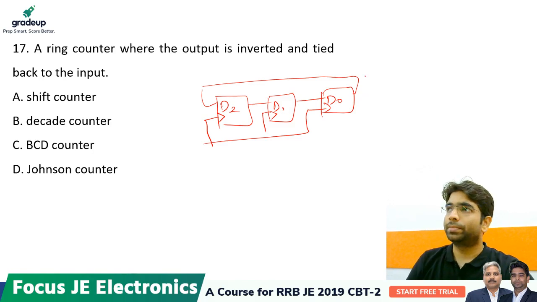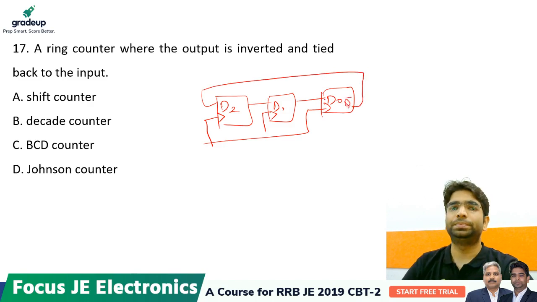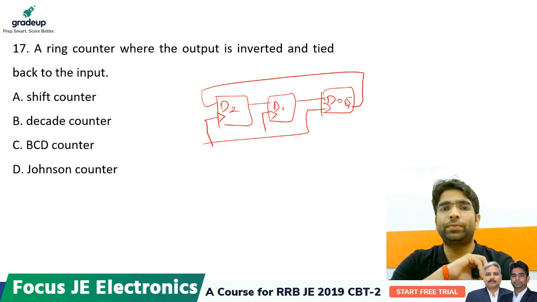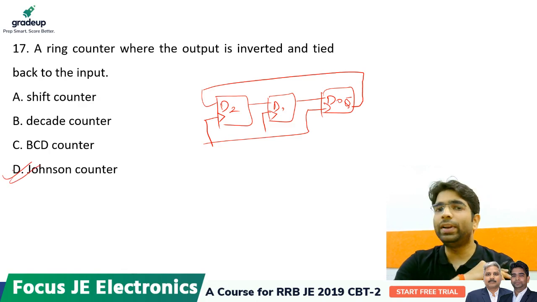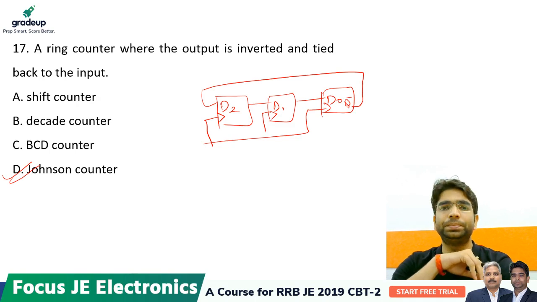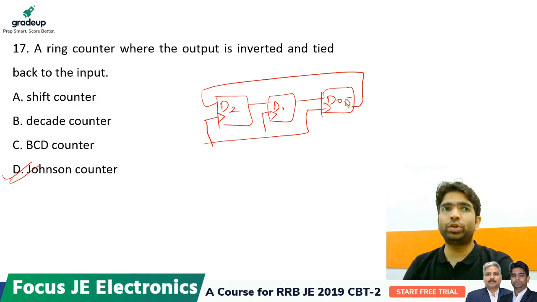What happens if Q bar is connected? If Q bar is connected, then it will act as a Johnson counter. Till it was connected to Q, it was a ring counter, but when the complement is connected, it will act as a Johnson counter.